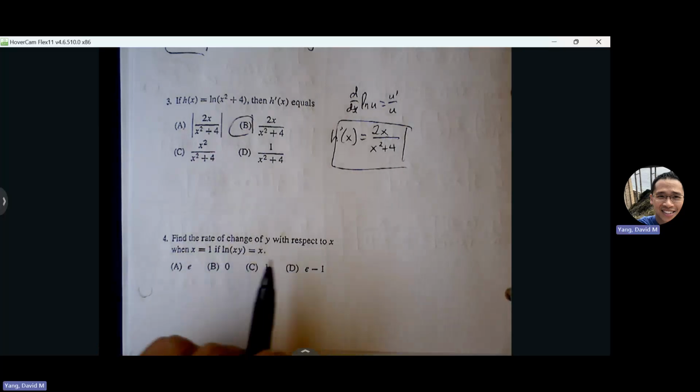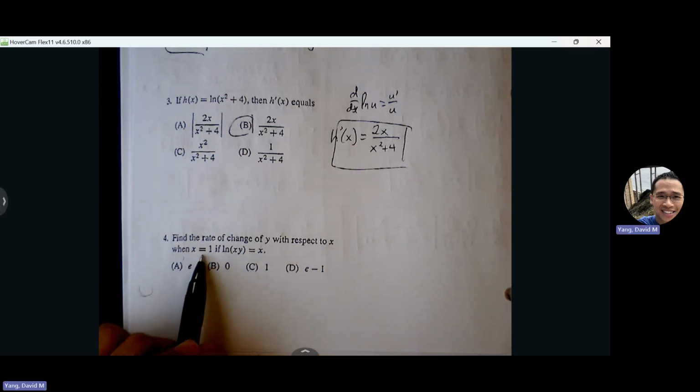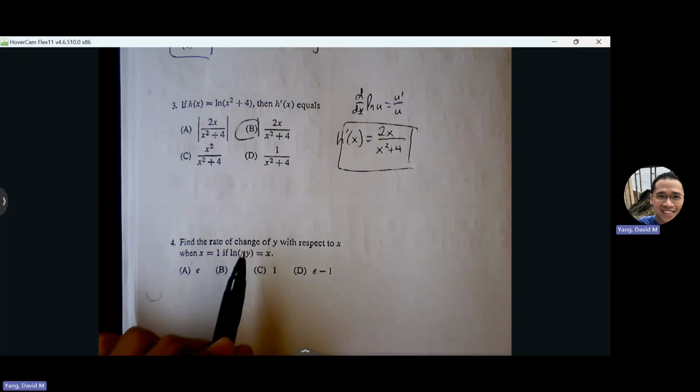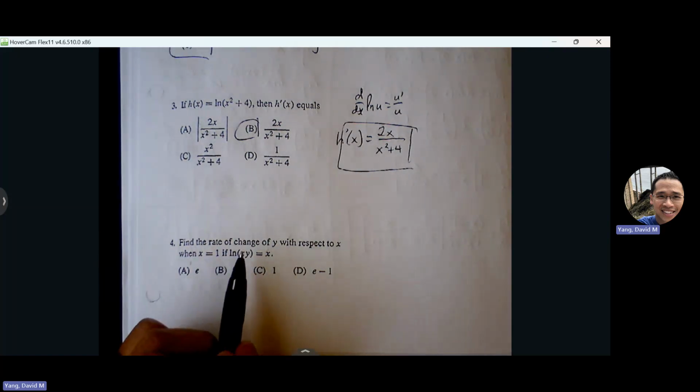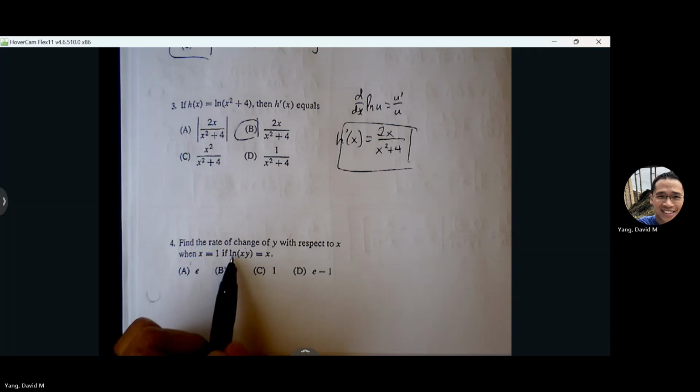Number 4, find the rate of change of y with respect to x when x is equal to 1. So it's basically asking for dy/dx. We could go through a combination of chain and product, but what can we do with natural log of xy that can allow us to avoid some messier rules?